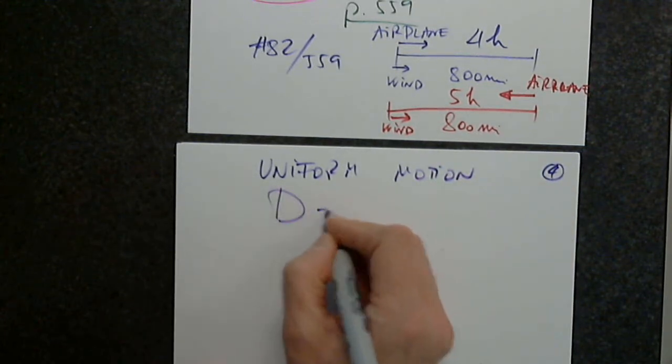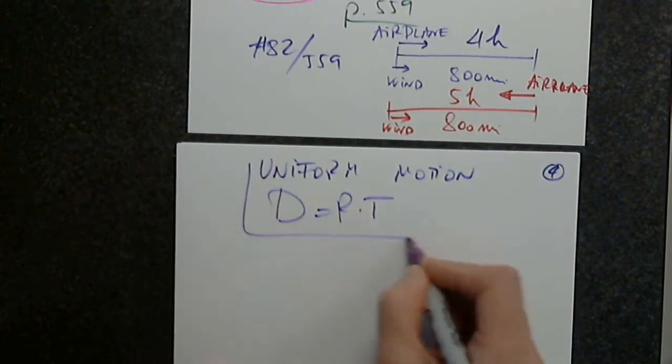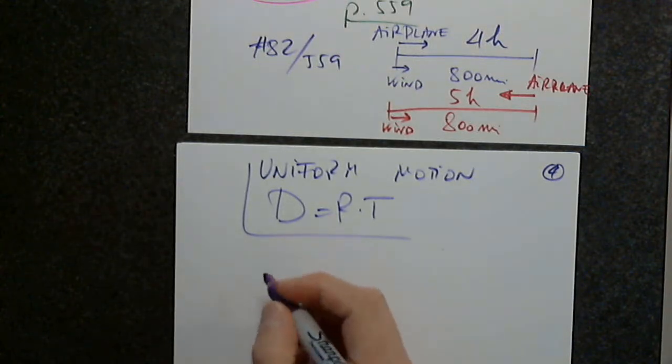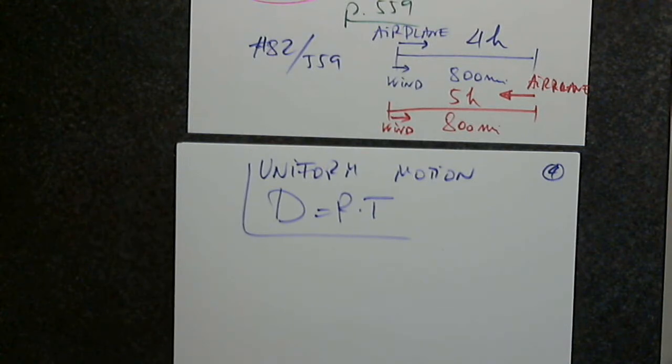for which distance equals rate times time. However, this is an ideal situation. It's not 100% real life. Yes, I can drive maybe even 100 miles at a constant speed, but if I need to get to that speed or stop, that's no longer a uniform motion. Okay, so we have how many variables? Let's read the problem one more time and decide how many variables are in the problem.